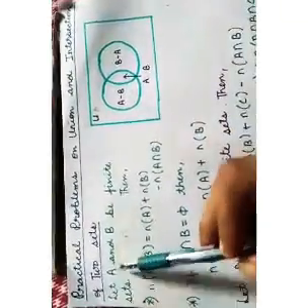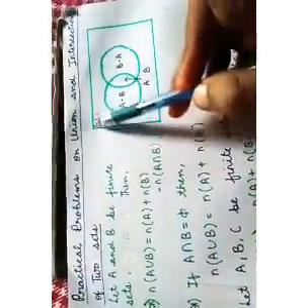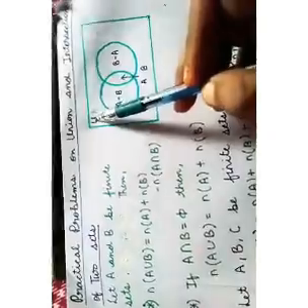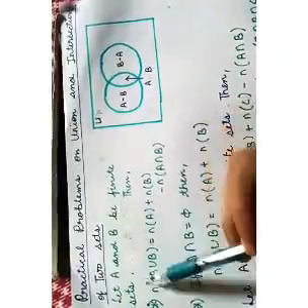So let A and B be finite sets. In the diagram, this rectangle represents the universal set, denoted by U. Let us suppose that A and B are finite.